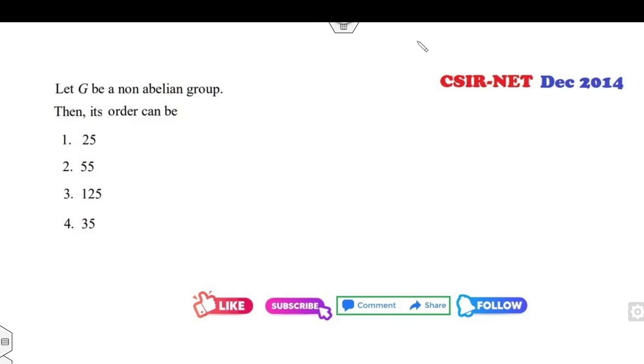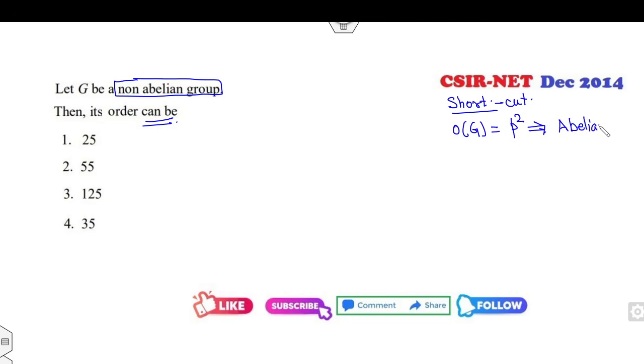Okay, let G be a non-abelian group. Then what can the order be? First of all, very simple. What is the shortcut trick for you? Whenever the order of G is P square, then the group is always abelian.